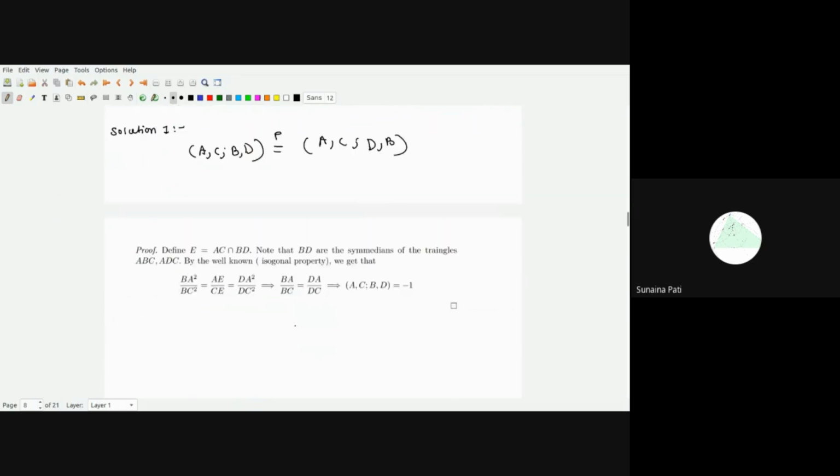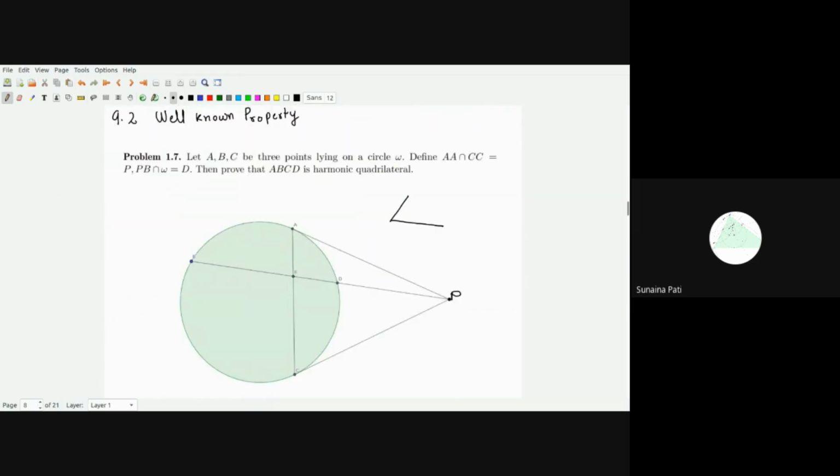Now the well-known property: if you have triangle ABC and AK is the symmedian, then AB squared by AC squared equals BK by CK.